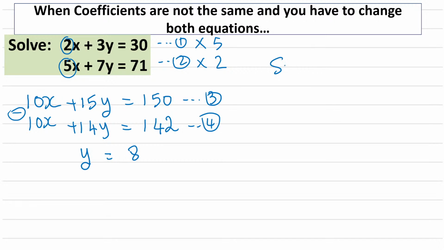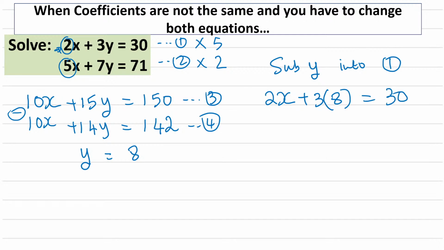Now I'm going to sub y into, I'm just going to choose equation 1. So from equation 1, we got 2x plus 3y. I know my y is 8, so I'm going to put 8 in there equals to 30. This will give me 2x plus 3 times 8 is 24 equals to 30.